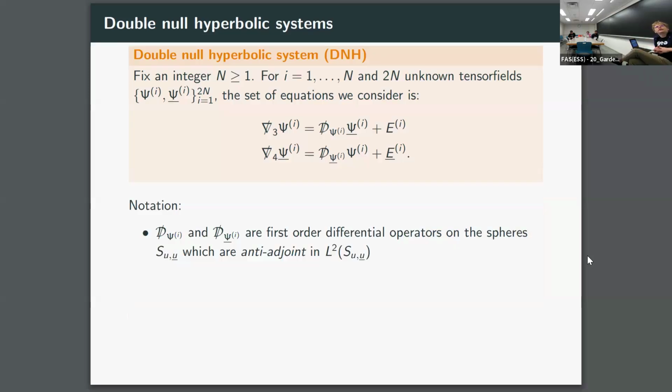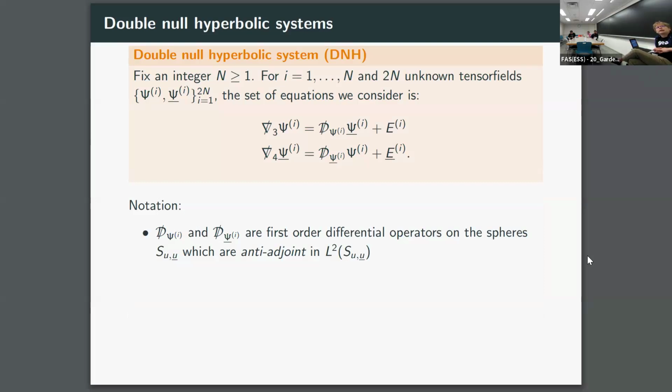So I have some integer big N, and I'm going to consider 2N unknown tensor fields that I'm going to denote by psi i and psi bar i. And each of the psi i's with no underline are going to be required to satisfy some incoming transport equation. That's that top line there.